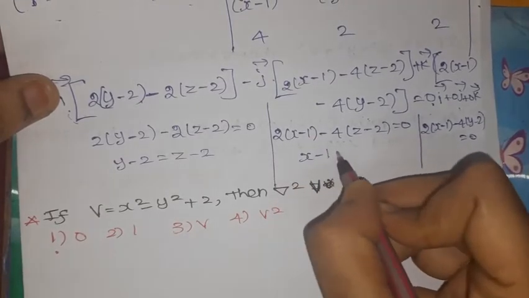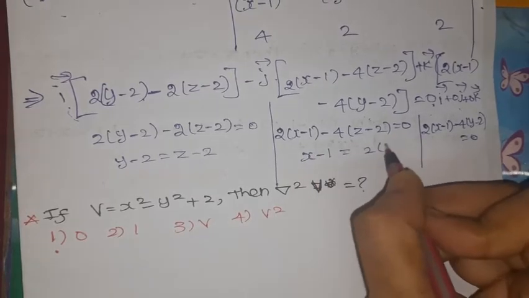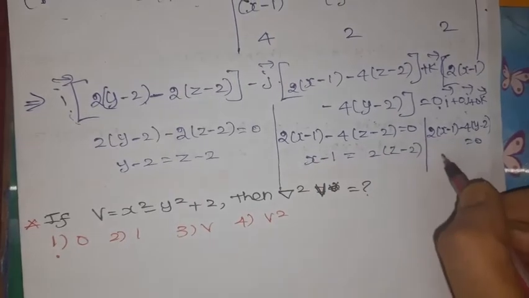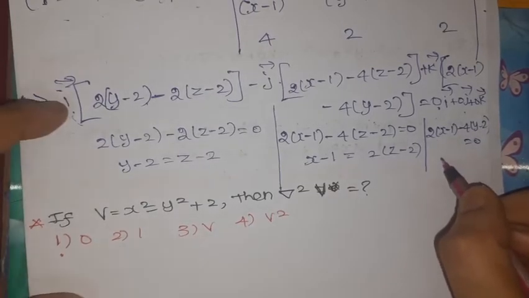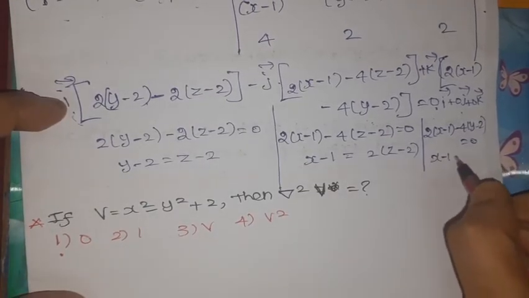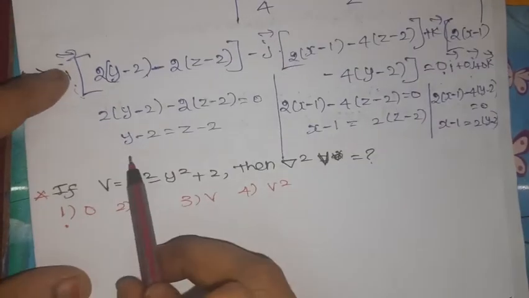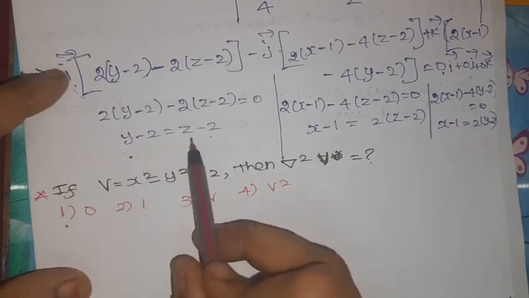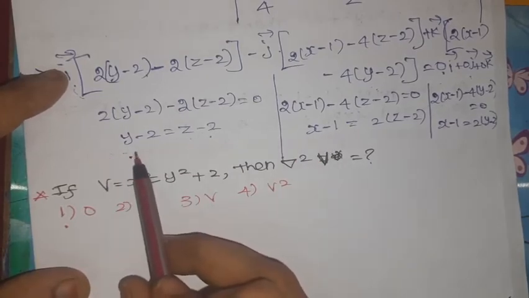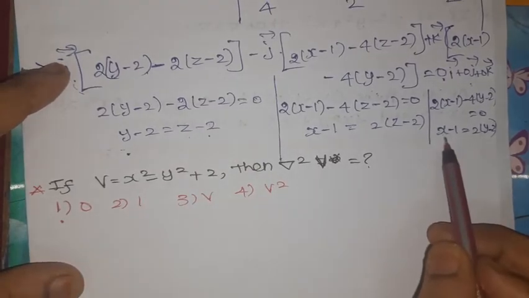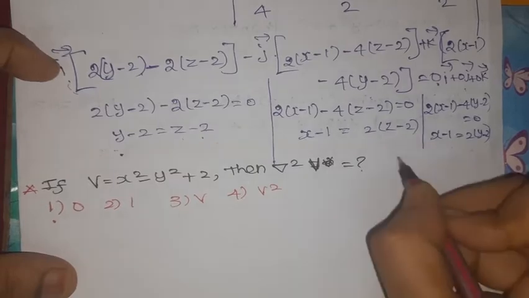Dividing by 2, what we will get? x minus 1 is equal to 2 into (z minus 2). Here also, x minus 1 equal to 2 into (y minus 2), right? So y minus 2 equals z minus 2. So in this equation, x minus 1 equals 2 into (y minus 2).